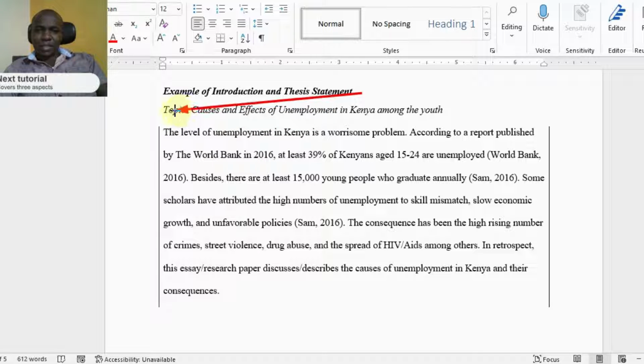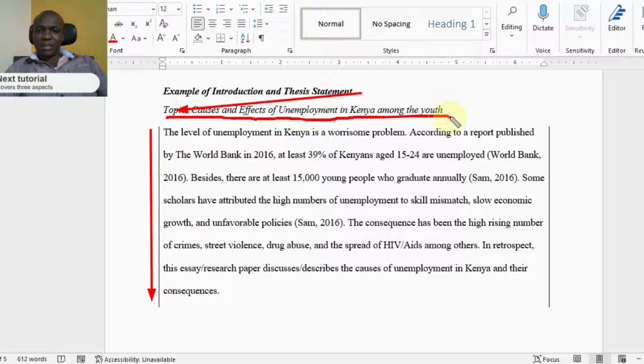This is the topic. Then we move from the general to specific. So the topic is effect of unemployment in Kenya among the youth.